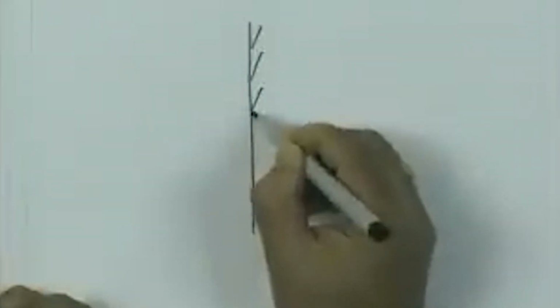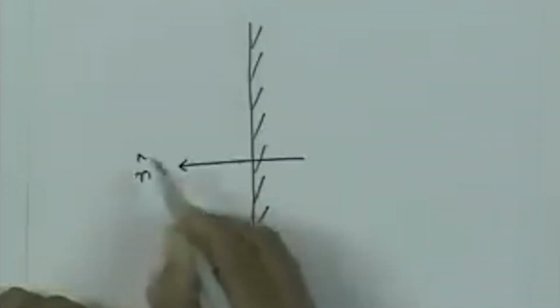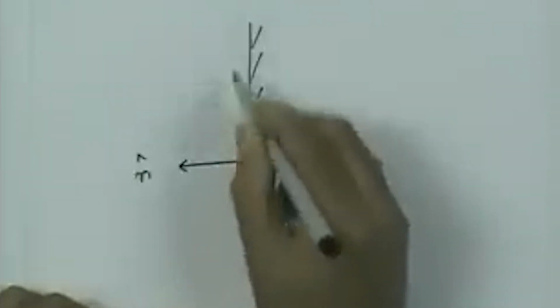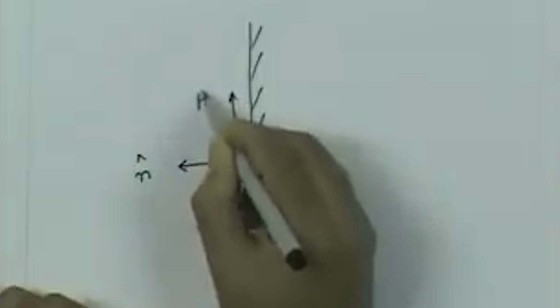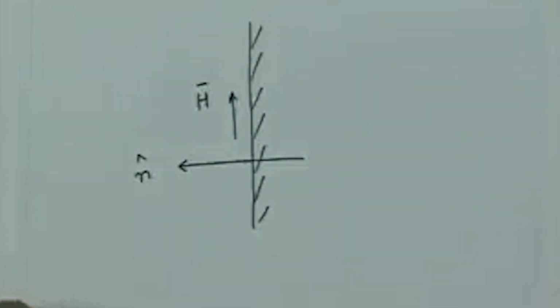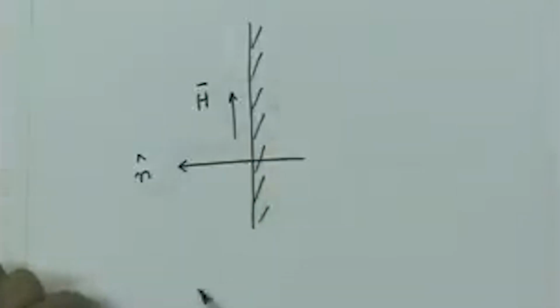One can ask a very simple question. If you have a conducting surface, we have already said that if the normal to this conducting surface is given by n, and there is a magnetic field H on the conducting surface, then n cross H gives me the direction of the linear current density, what is called the surface current.